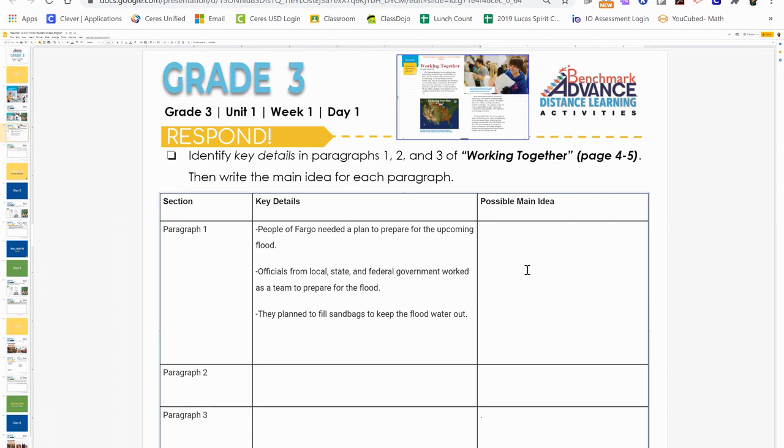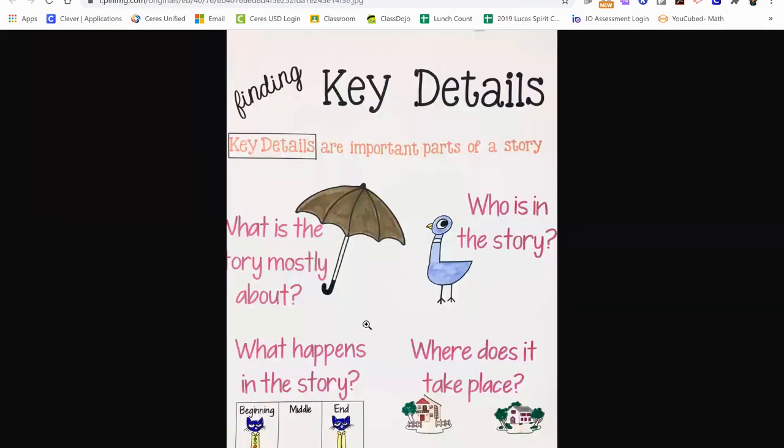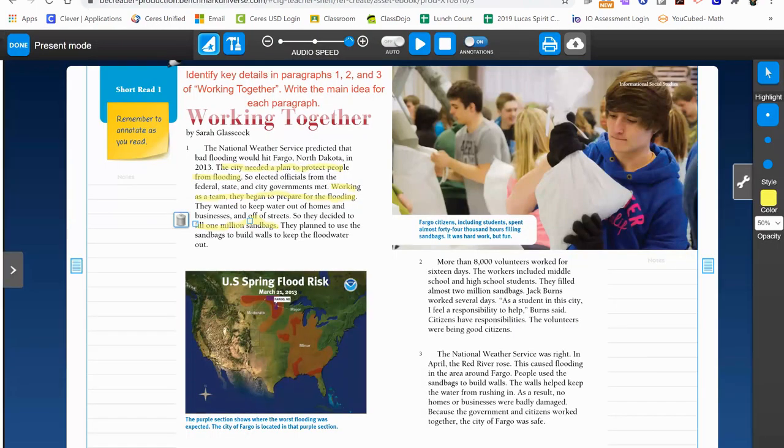So what was the most important idea of this? Well, I'm just going to say government officials in Fargo, because that's where it takes place. And remember, when we're identifying key details, where it takes place, if it's mentioned, that's pretty important. So let's write it in there.